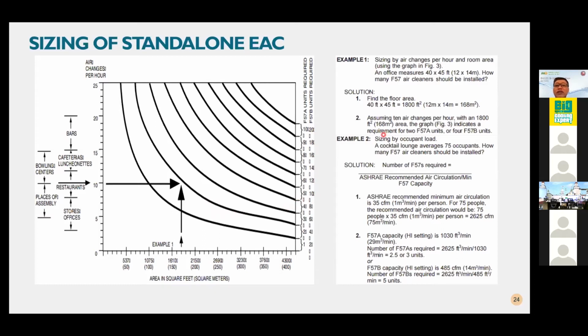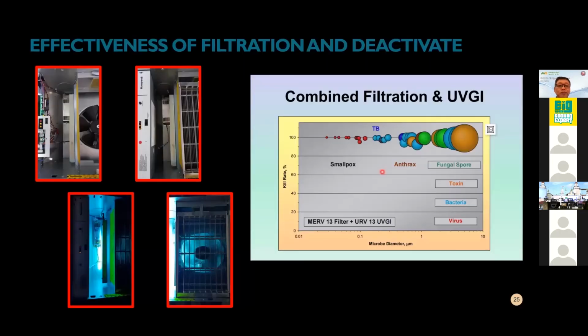All right, there are different methods of sizing. Over here, I would like to share with you the effectiveness of filtration and deactivation. That means you are combining a good filtration, MERV13, MERV14 filtration, and a UVC, UVGI lamp, ultraviolet germicidal irradiation lamp.